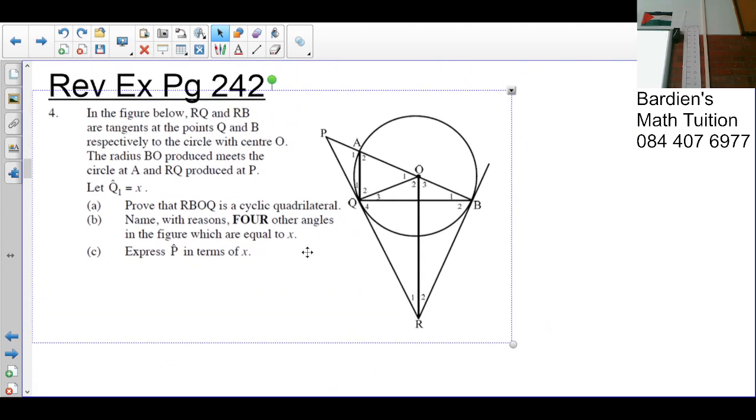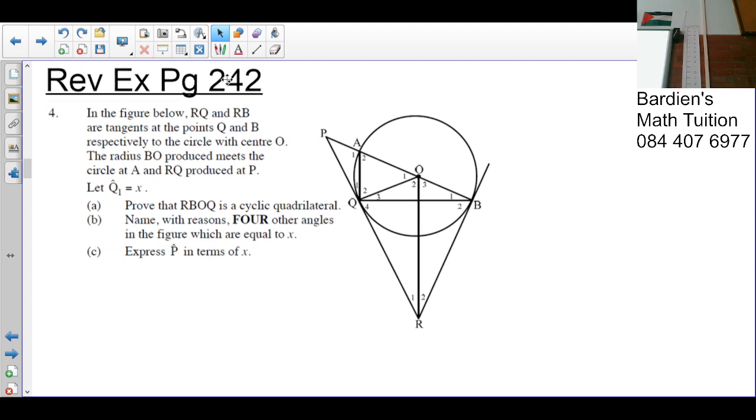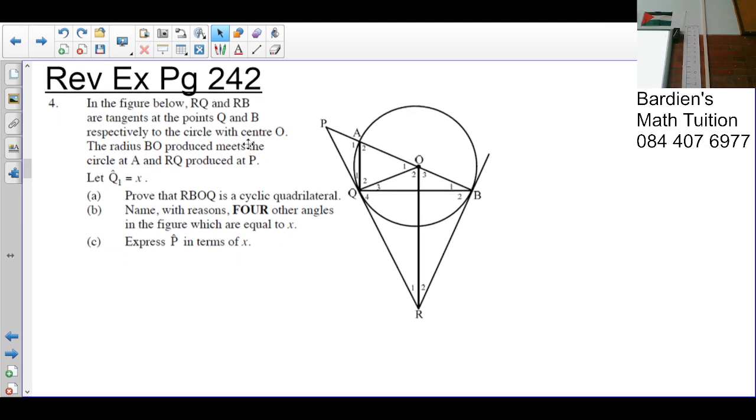So here we are told the figure alongside, RQ and RB are tangents at Q and B respectively. What does that mean? Respectively, that RQ is referring to Q and RB is referring to B. Respectively means in that order. Okay?